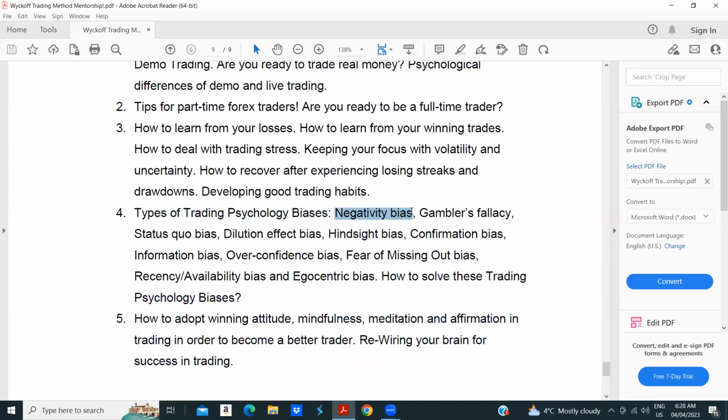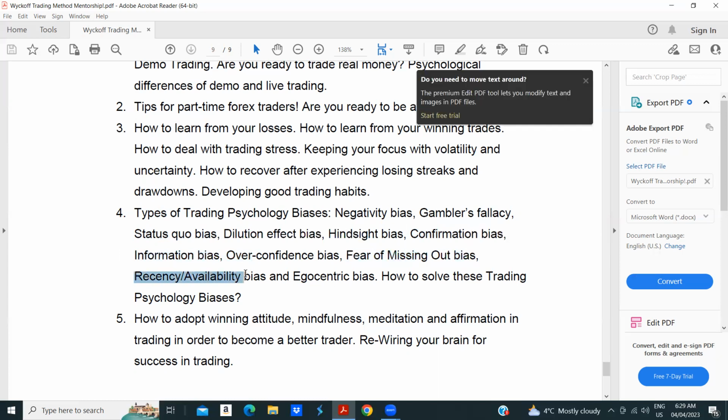These include negativity bias, the gambler's fallacy, status quo bias, the dilution effect, hindsight bias, confirmation bias, information bias, overconfidence bias, fear of missing out bias, recency and availability bias, and the last and most important, egocentric bias. We're also going to learn how to resolve these trading psychology biases.